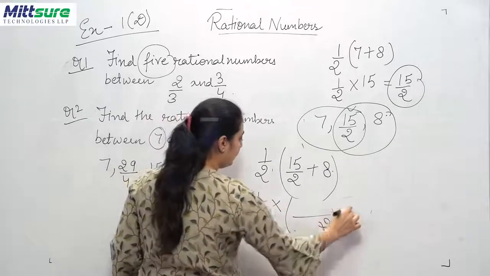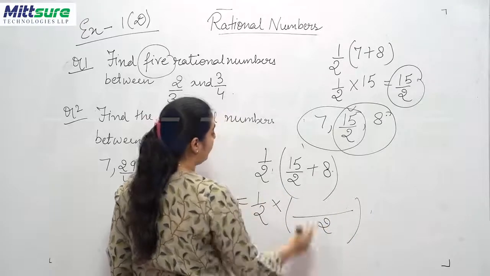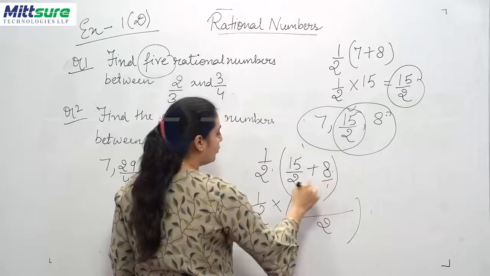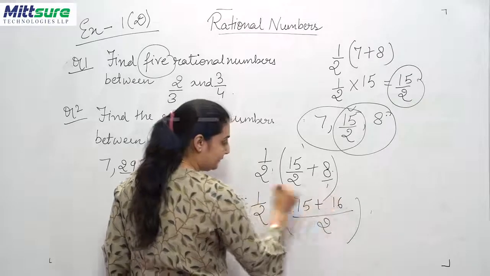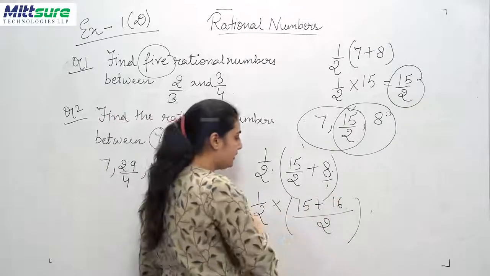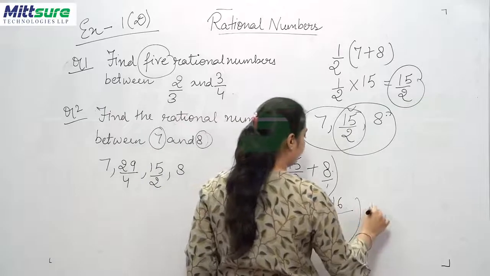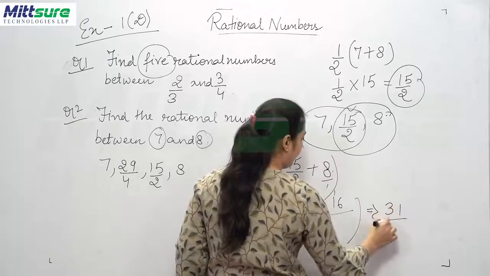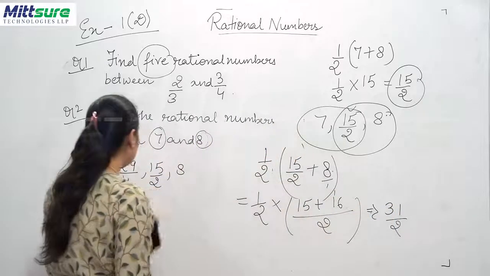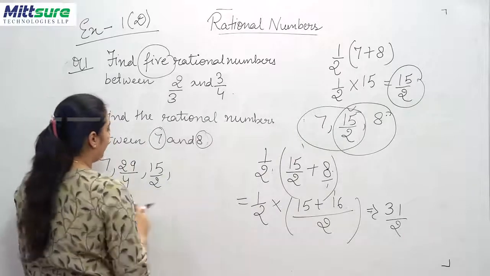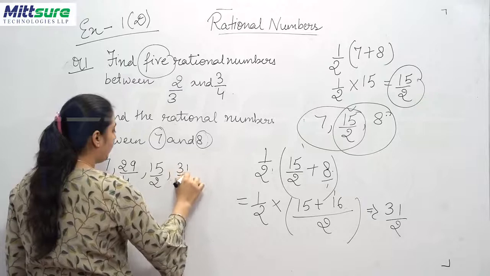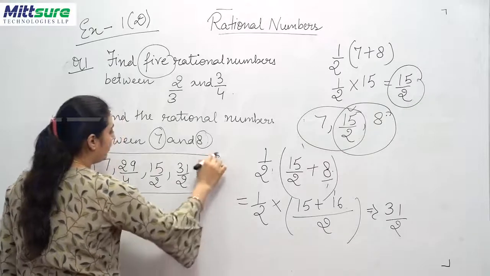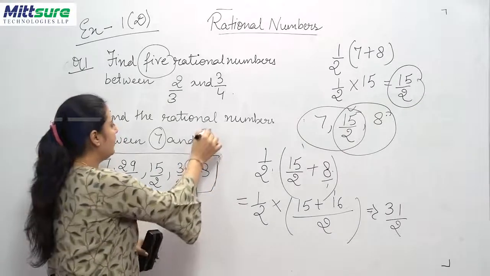Inside the bracket 2 will be there as the LCM. Now when you solve this, what are you going to get? 15 will come as it is. Now it goes one time, it will be 16, right? Now when you add 15 and 16, what do you get? 31 upon 2. So this range increases to 15 upon 2, then we have 31 upon 2 and 8. So this is how you can find the rational numbers between any two given rational numbers using the midline formula.